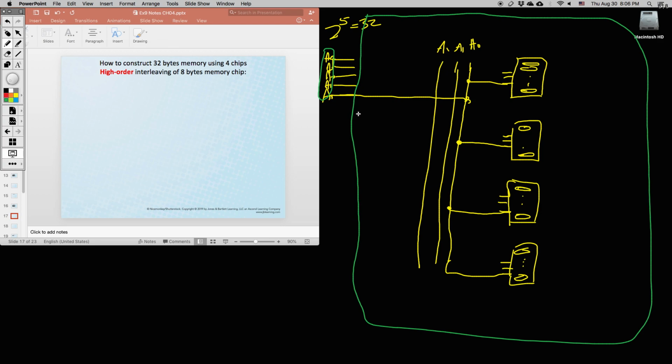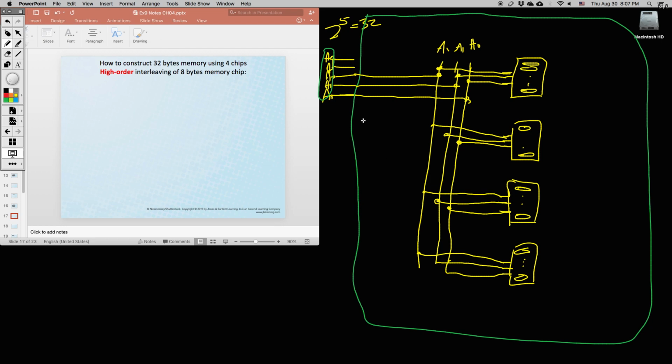Then internally, how do we configure four of them together to appear as 32 bytes? Address 0 is connected like that, address 1 is connected in parallel to all four memory chips, and finally address 2 is connected the same way: address 2, address 2, and address 2.